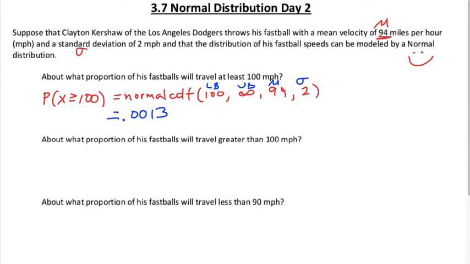Number 2 says what proportion of his fastballs will travel greater than 100 miles per hour. How is that different from what we did before? This is the difference between continuous variables and what we're going to look at when we have non-continuous or discrete variables.